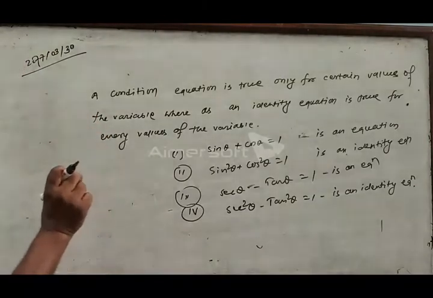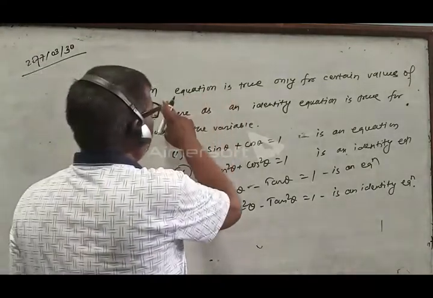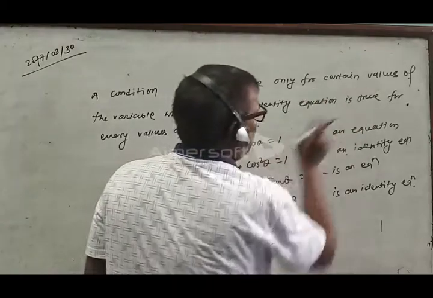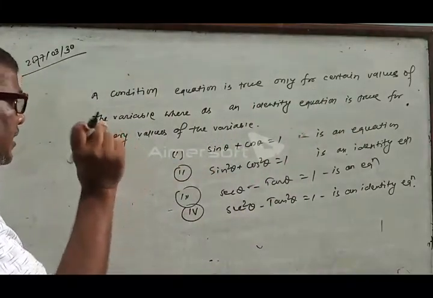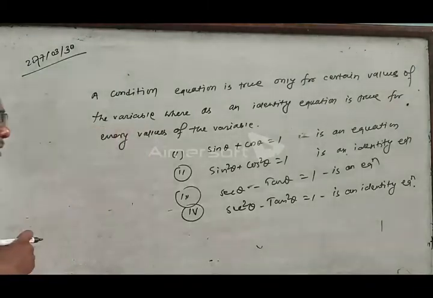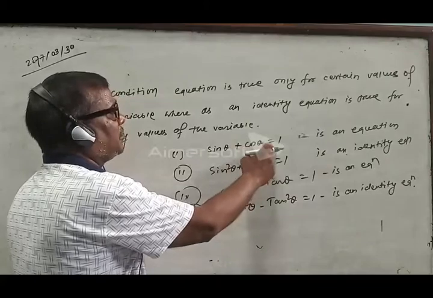A conditional equation is true only for certain values of the variable, whereas the identity equation is true for every value of the variable. As for example, sin theta plus cos theta is 1.